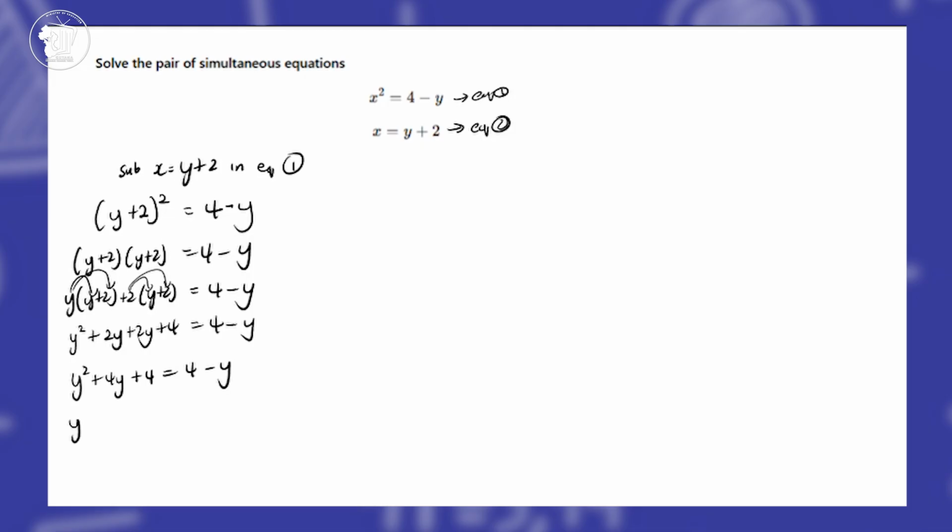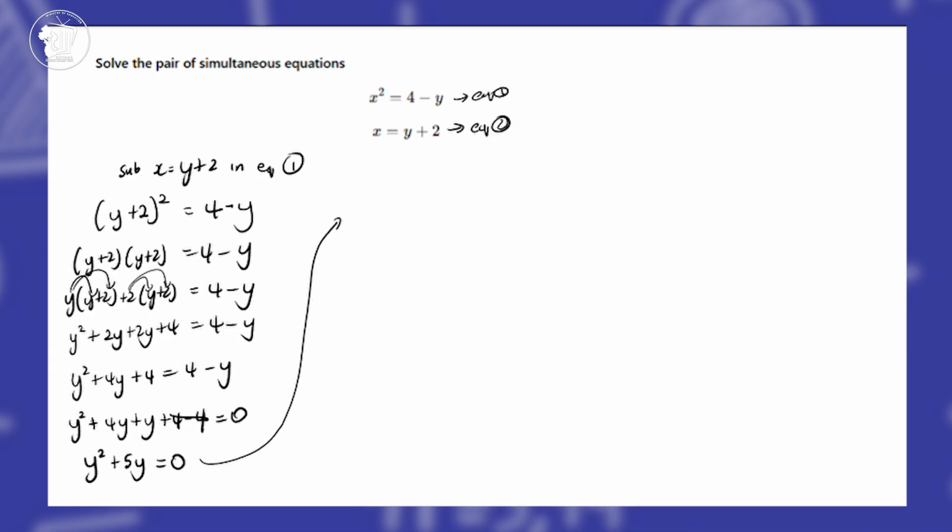We'll end up with y squared plus 4y, we bring over this minus y to become plus y, and bring over this 4 to become minus 4, equal to 0. So this would be y squared, 4y plus y gives us plus 5y, and 4 minus 4 gives us 0. So this is equal to 0.